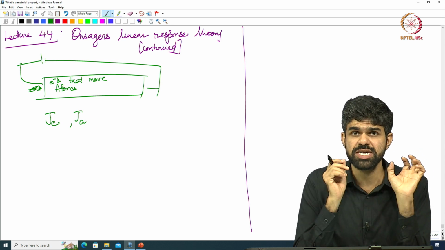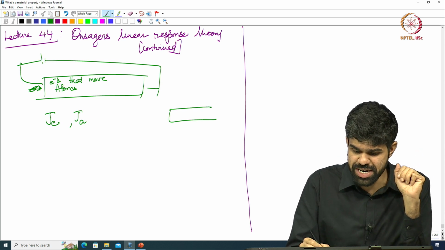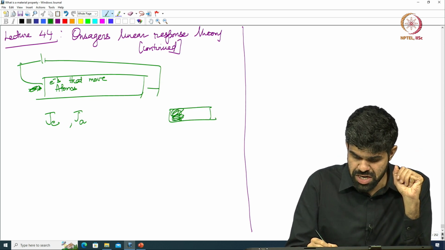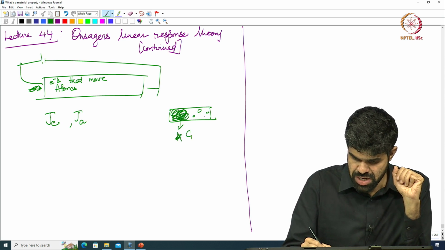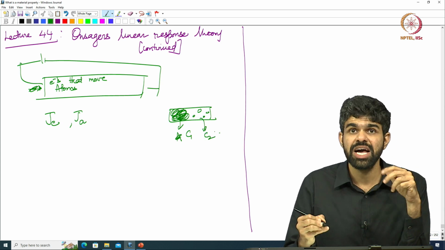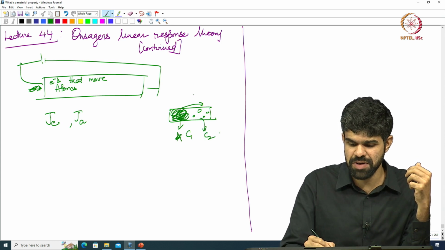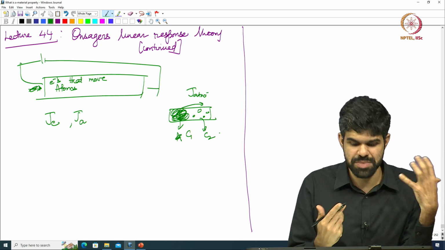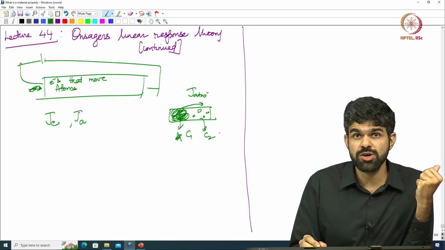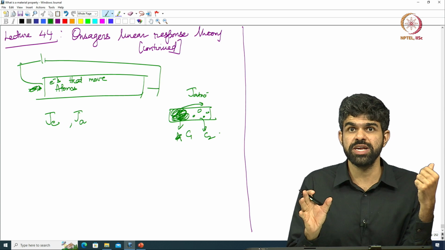If I have some concentration gradient, if I have more concentration of atoms here, so C1 here and C2 here, I have a concentration gradient and I have flux of atoms. In general, I can have flux of atoms if there is a concentration gradient. That is a direct way of creating flux of atoms.